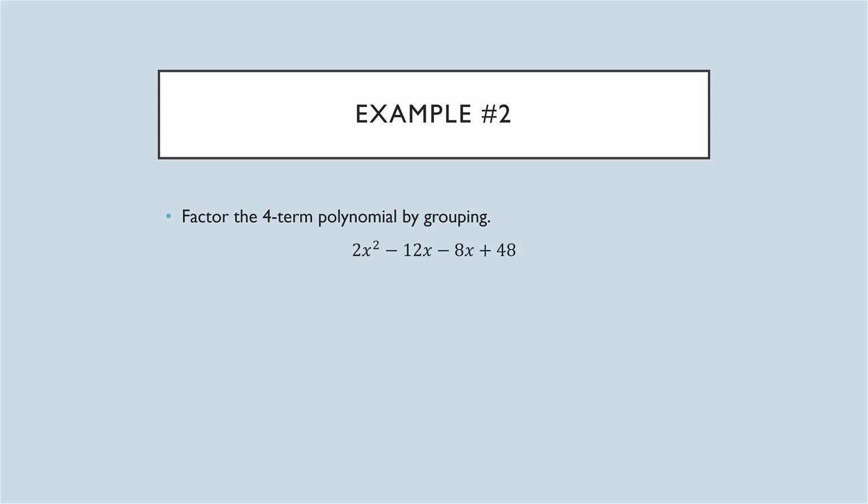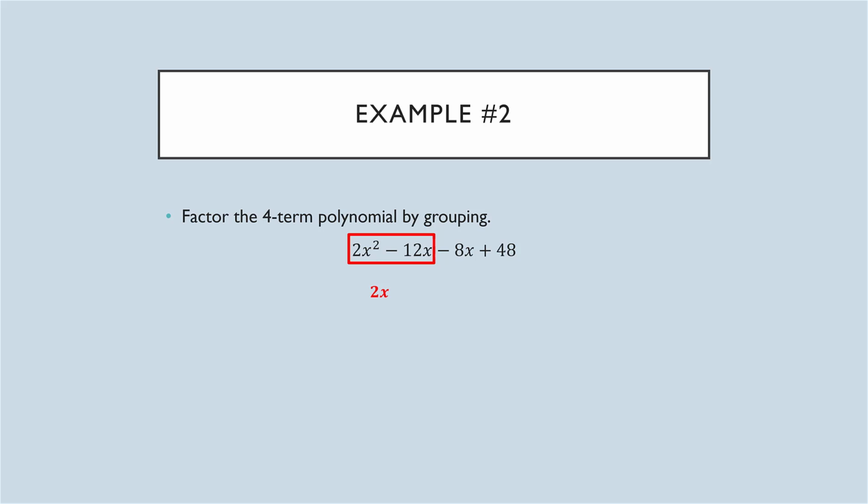Factor the 4-term polynomial by grouping 2 at a time. Look only at the first two: 2x squared minus 12x. What is the GCF of these? 2 and 12 have a common factor of 2, and then x squared and x both have the x. So my GCF is 2x.